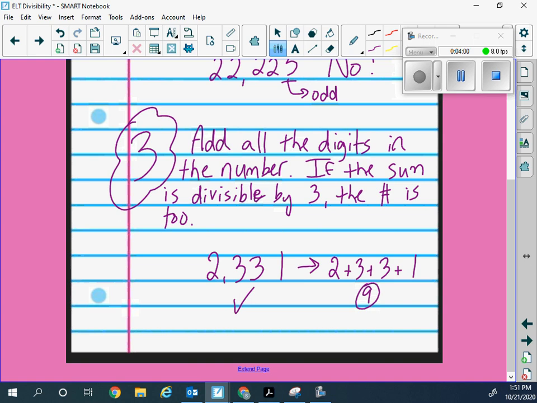It's a shortcut, a way to look at something and tell. So that is the rule for 3s. That's one of the harder rules. I'll give you a second to copy that down. Pause the video if you need to.